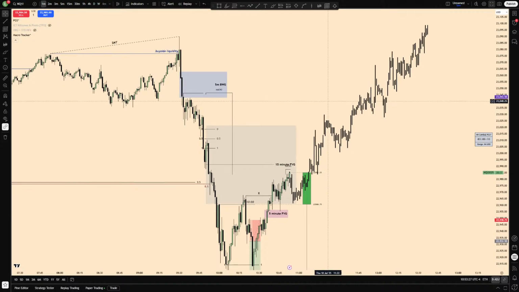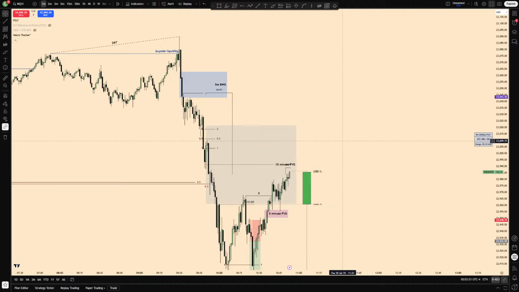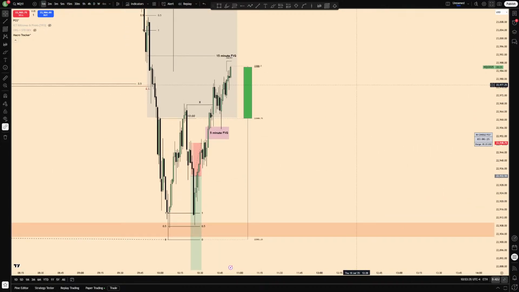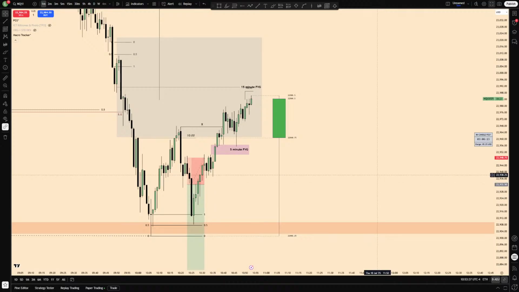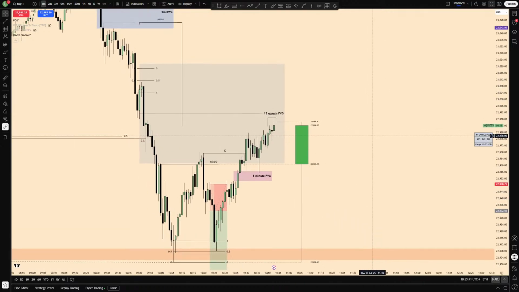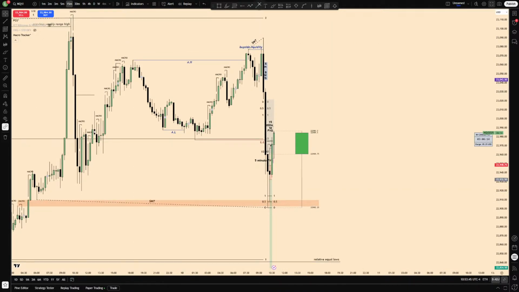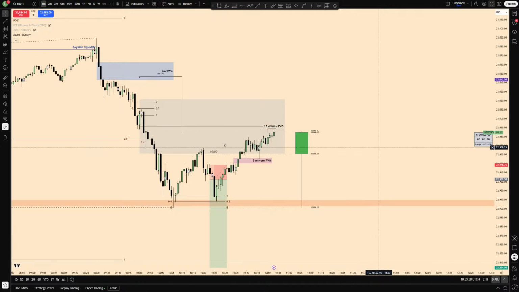But this looks like the most logical thing. Yeah, as much as I don't want to, I'd probably want to wait for the 50 minute to get inverse before looking for a short. You don't want to long into that. Oh yeah, so you want to wait for it to close above.